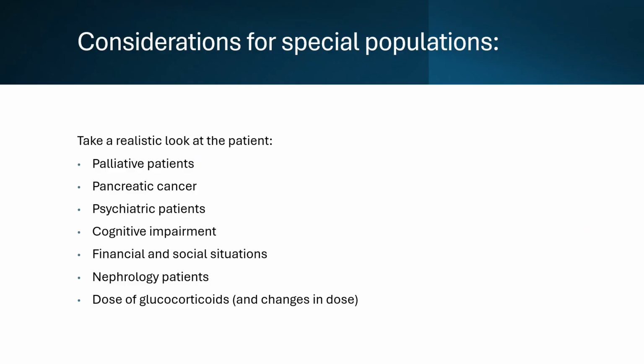So I also want you to take a look at the special populations. Take a realistic look at the patient. So palliative patients, pancreatic cancer, psychiatric patients, cognitive impairment, financial and social situations, nephrology patients, doses, the dose of glucocorticoids and changes in dose, they all need to be considered as to what someone can manage in their life that doesn't make their diabetes the prominent, prevalent problem that they're dealing with.